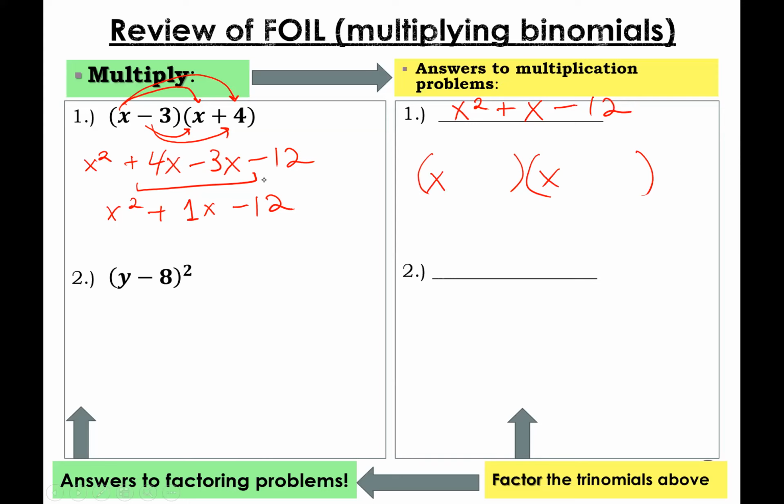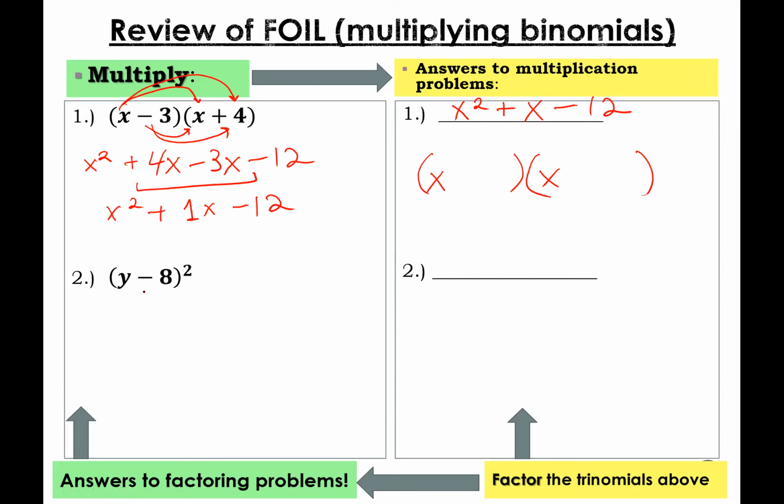So once negatives come into play, it does get a little bit trickier. We'll see that problem very soon on the next slide. But I just want you to see the connection between FOIL and multiplying. Notice that we're multiplying a binomial times a binomial. That equals a trinomial. And again, the prefix bi just means 2, so there are 2 terms in each of these, and tri means 3, so there are 3 terms in the final answer.